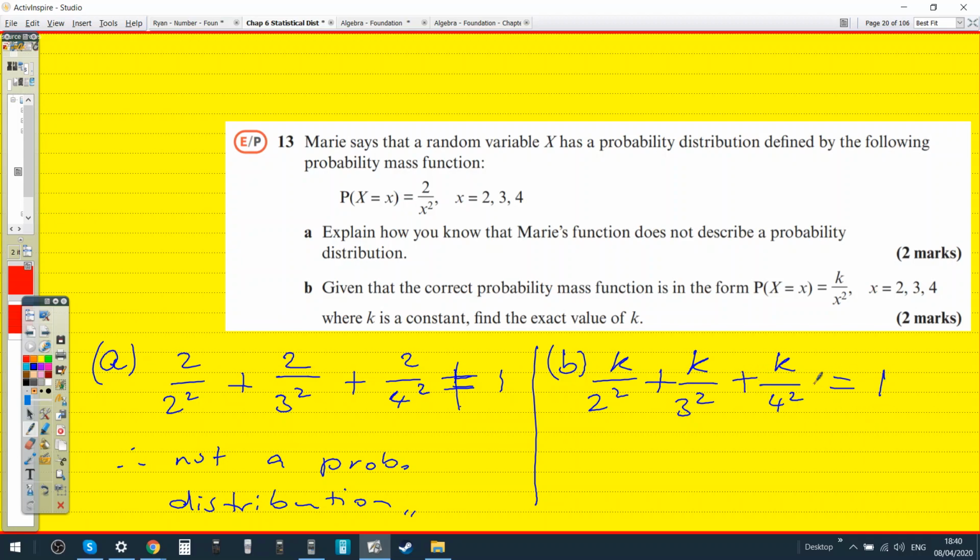So then k equals 1 divided by 61 over 144. So k equals 1 divided by 144 over 61.